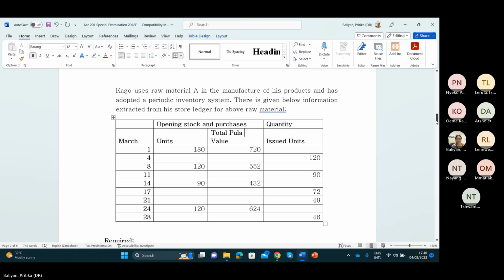Yes, ma'am. Okay, so can you determine the value of closing inventory? What is the total value of closing inventory?